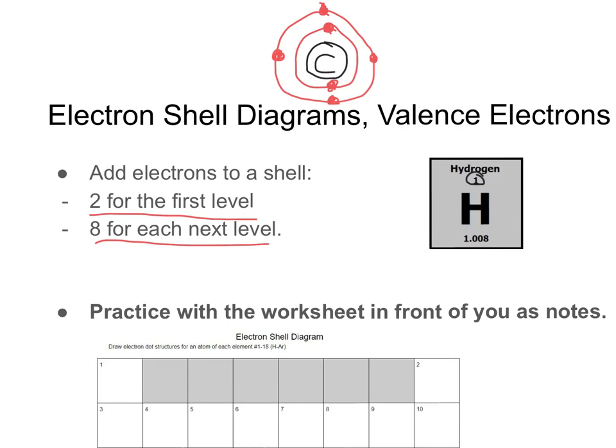But for all neutral atoms, the number of electrons equals the number of protons. So that's also a way I can tell how many electrons a neutral atom of this element has. If I was going to do this for hydrogen, I would draw my H to show my nucleus right here. Now I would start drawing my rings. I only have 1 electron to work with, so in my first ring, I'm just going to put that 1 electron, and this would be the electron shell diagram for hydrogen.